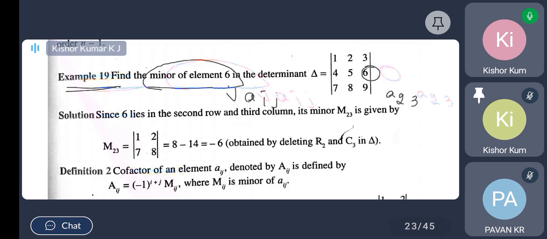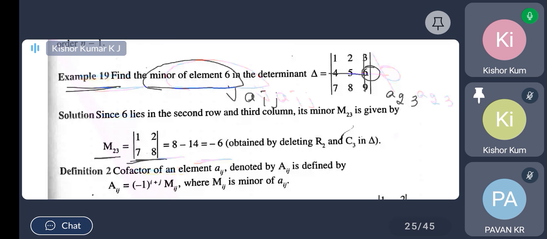Now to calculate this minor, you have to delete the corresponding row and the corresponding column. Whatever remains, you mention in the form of M23. M23 refers to the minor of the element in the second row and third column, that is the minor of 6. The remaining elements form a 2 by 2 determinant: 1, 2, 7, 8.